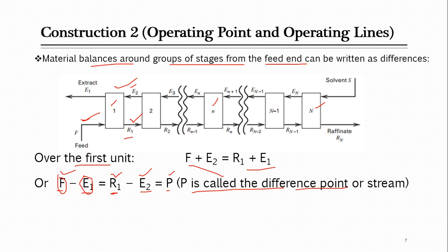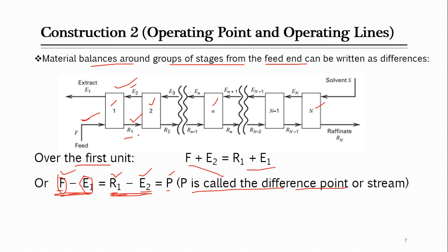Each of these terms is actually equal to P, this difference term, like here this F minus E1 as well as this R1 minus E2, they are equal to P. Understand? So this was balance on only one unit. Let's write, for example, if you have to write the balance on E2, can you write stage 2?